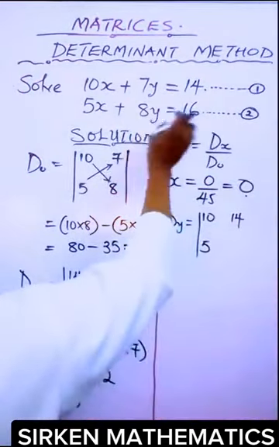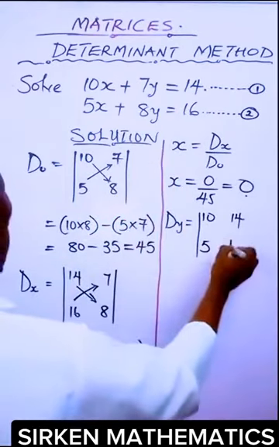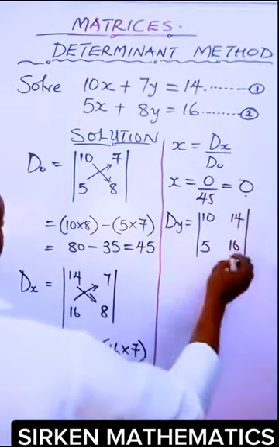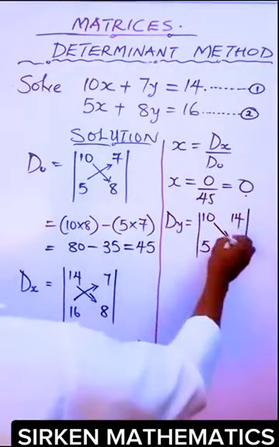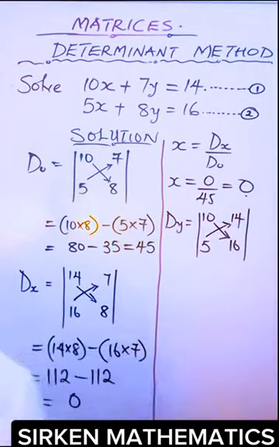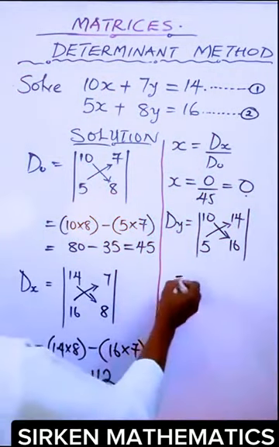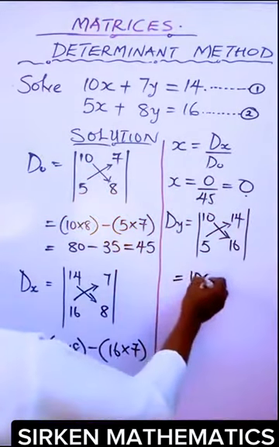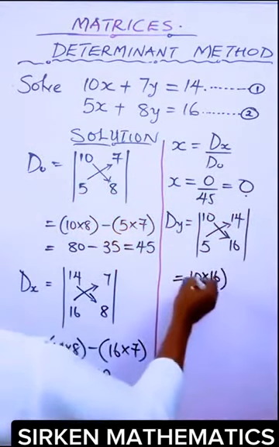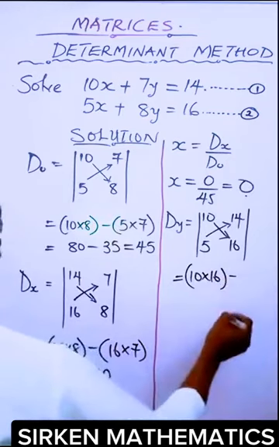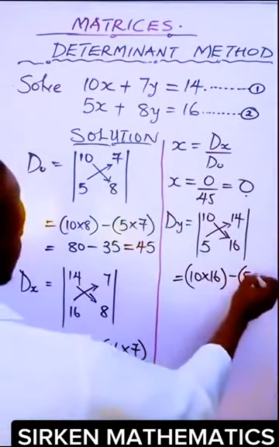Instead of this 8, I'll put 16. Don't forget leading diagonal minus second diagonal. I hope it's understood. And that will give you 10 times 16 minus 5 times 14.